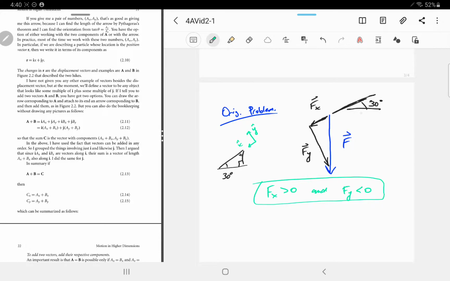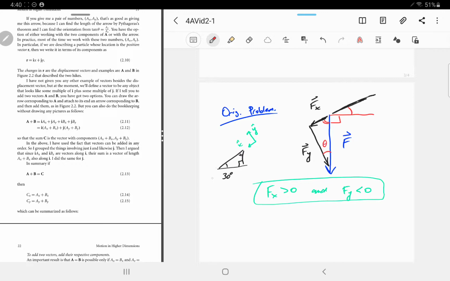Okay. Let's see. So if this right here is 30 degrees, this is where the geometry is involved a little bit. So let me try and convince you this way. This is 90 degrees. If this is 30 degrees, this one right here has to be the complement, right? Because all three of those together are supplementary angles.